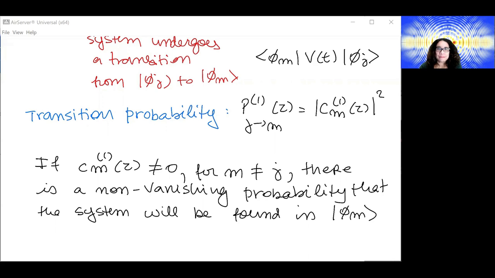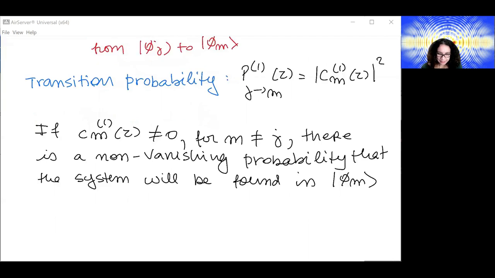So this is absolutely okay. And how about the system being in the initial state? I mean, there may be a finite probability as well, right?